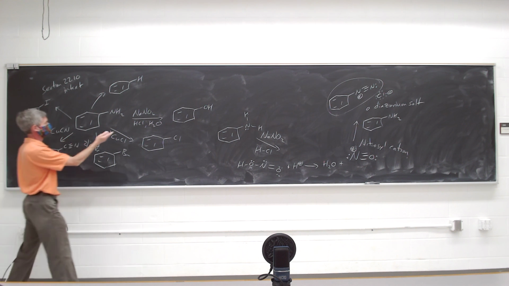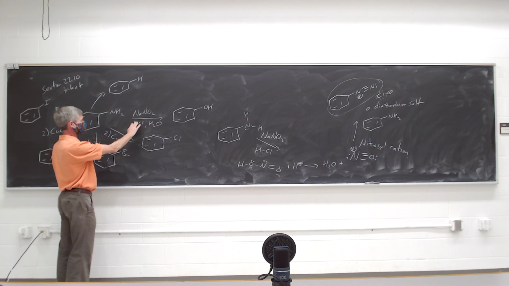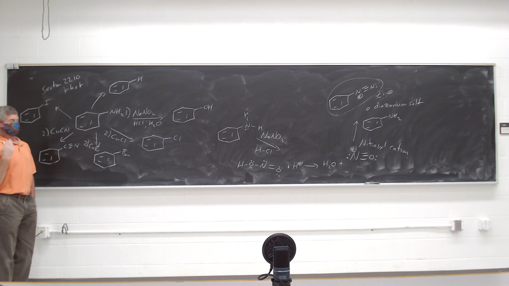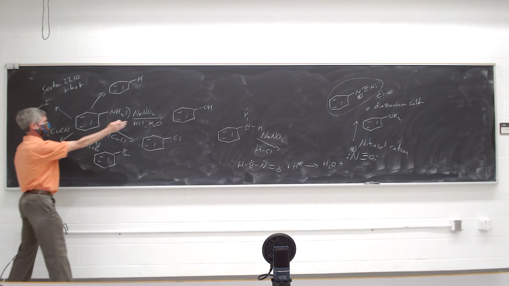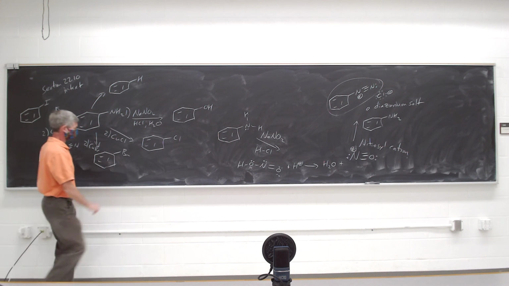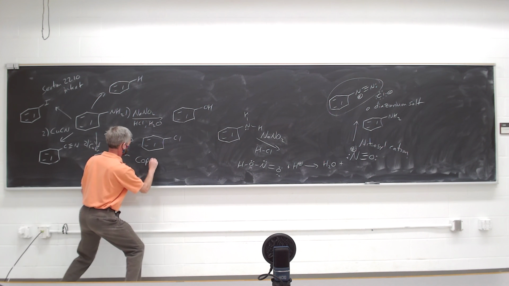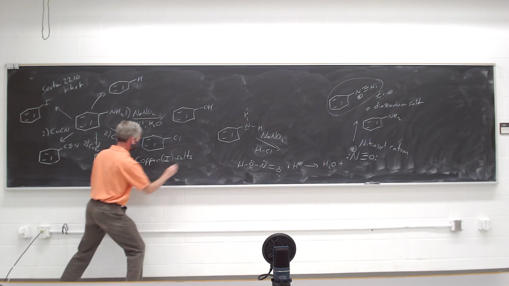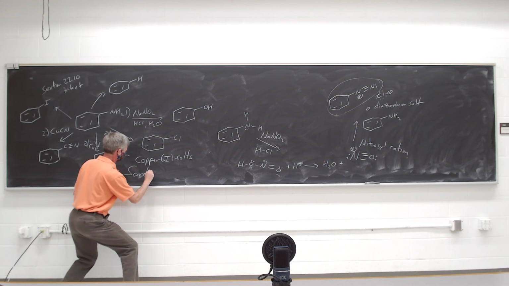Right? So the first step is the same. It's always NaNO2 and HCl and water. If you don't put anything else in there, you get the phenol. But if you put a cuprous salt, these are copper 1 salts, you get what's called the Sandmeyer reaction.